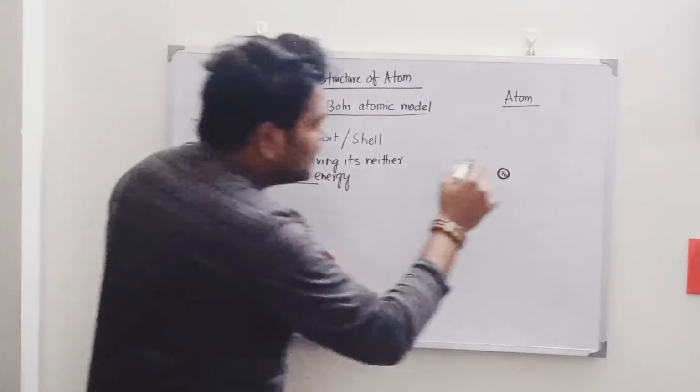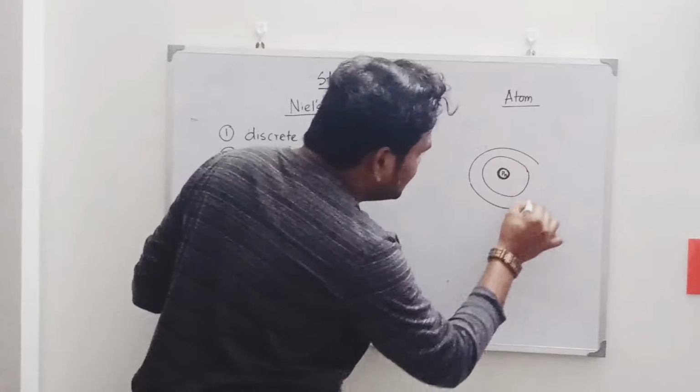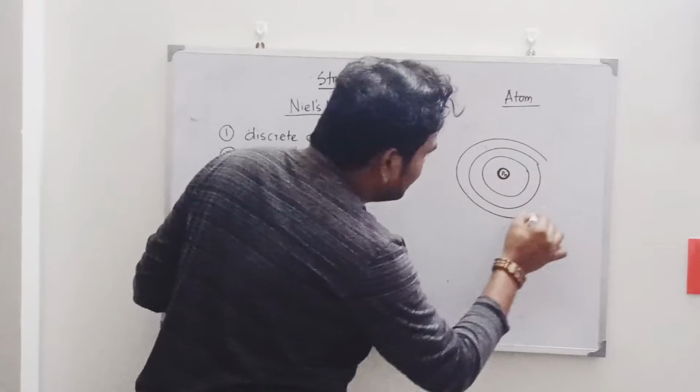So there are a number of discrete orbits, like circular orbits.